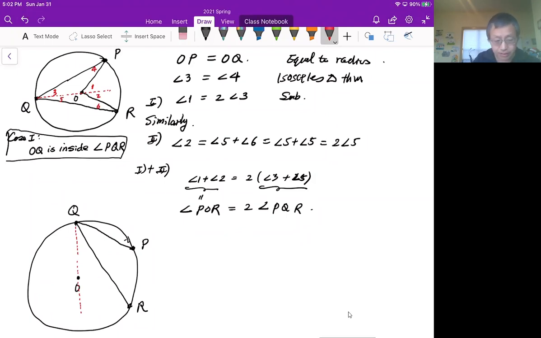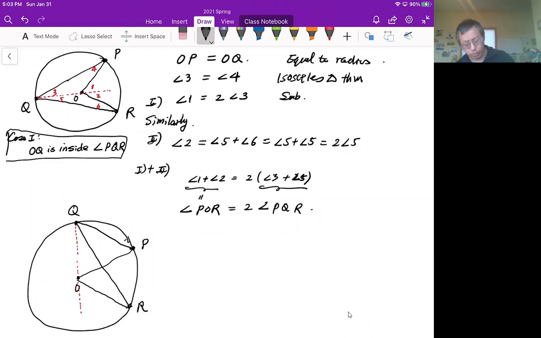It's a little bit different, but you can prove it in a similar way. I still do that, right? So you still want to show the same conclusion: the angle of PQR is half of the angle of POR.